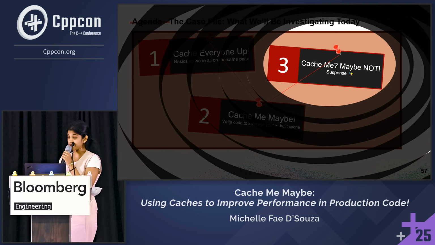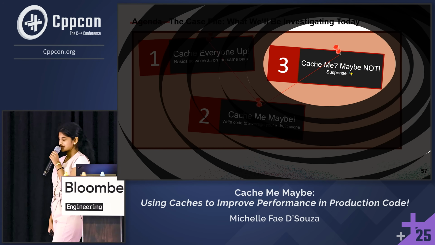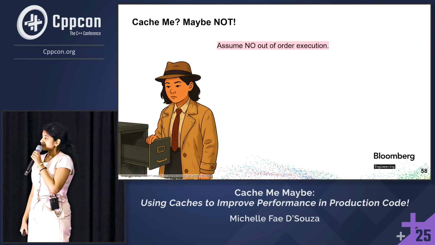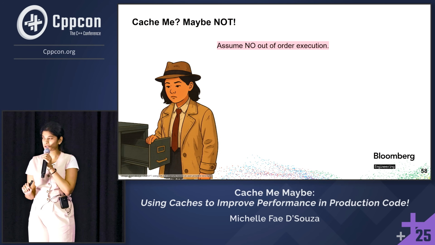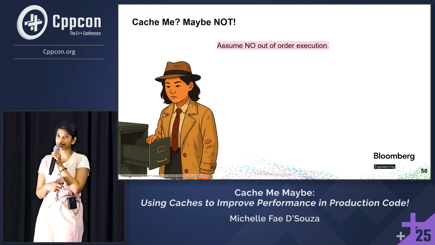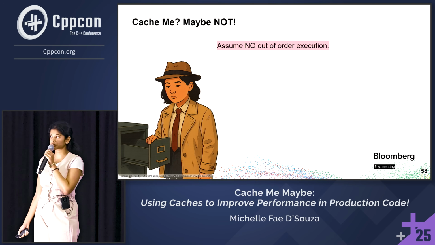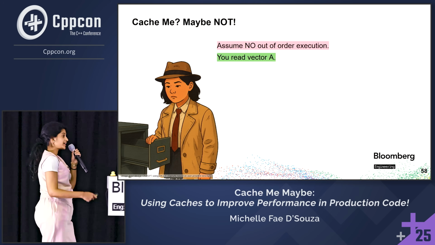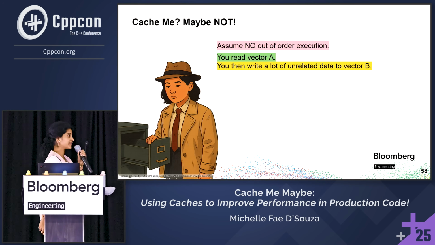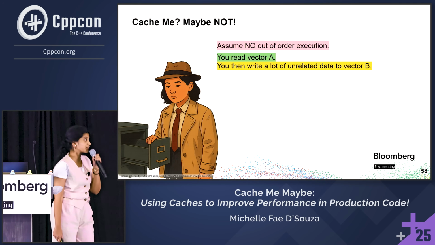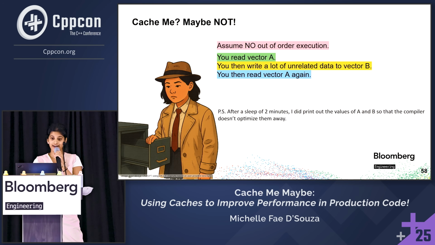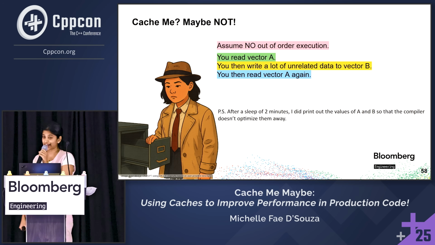Ooh, the time is here. Cache me, maybe not. What does this mean? For simplicity, let's just say for now, there is no out-of-order execution, and my compiler isn't going to reorder anything. You read a vector A, and then you write a lot of unrelated data to vector B, and finally you read vector A again.